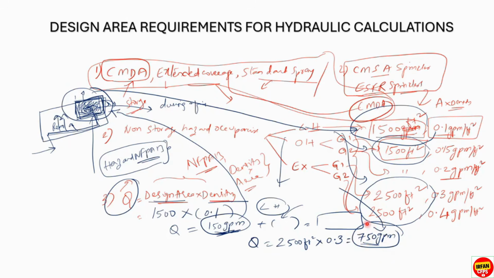But in a practical scenario, when you perform the hydraulic calculations, the flow may be the same or more because of the frictional losses. The actual scenario may be slightly more than this. This is the minimum requirement based on the theoretical demand.